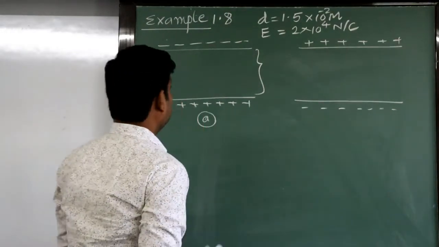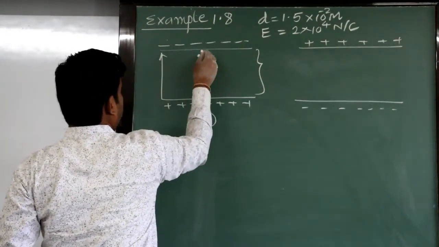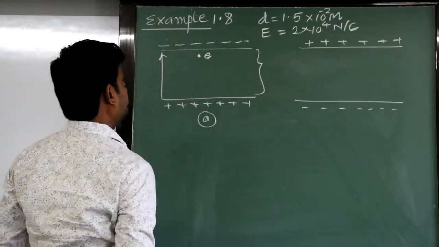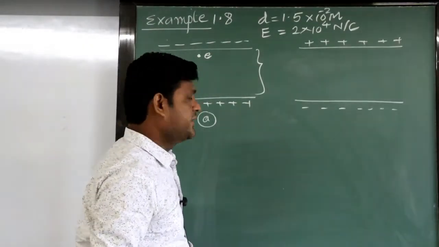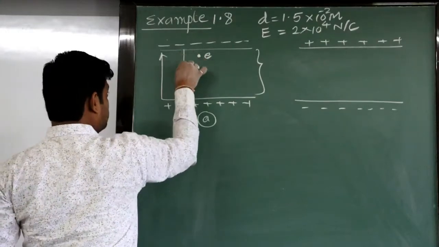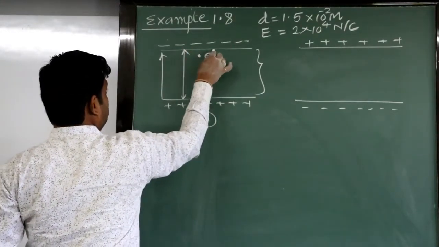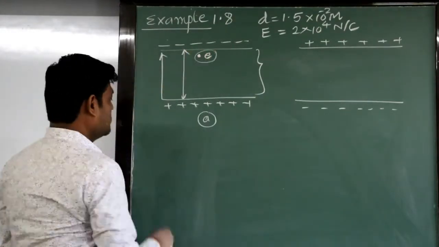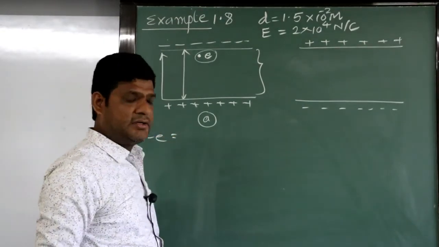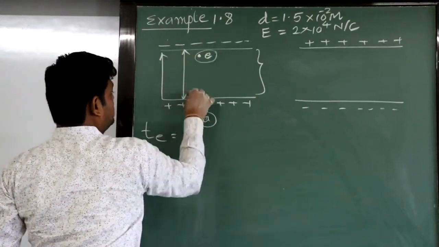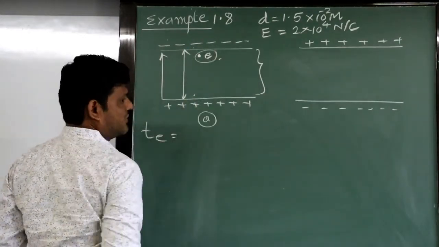So suppose the electron is kept over here. What is the time required to cover this much distance by this electron? So time of electron means time required to cover this distance for this electron.